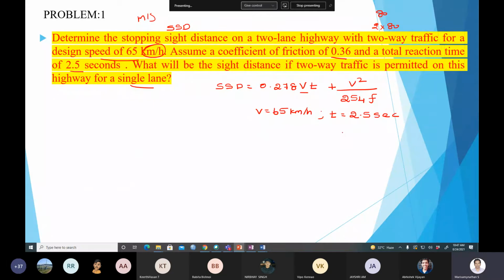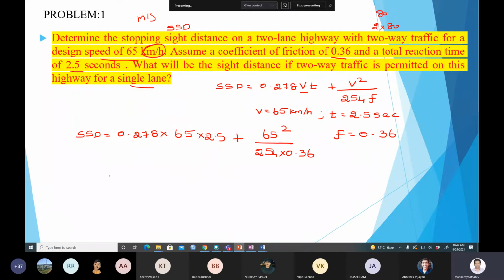Then the coefficient of friction value is 0.36. This value we get from the given problem, and directly applying in the equation, SST is equal to 0.278 into V, which is 65, into 2.5 seconds, plus 65 square divided by 254 into 0.36.